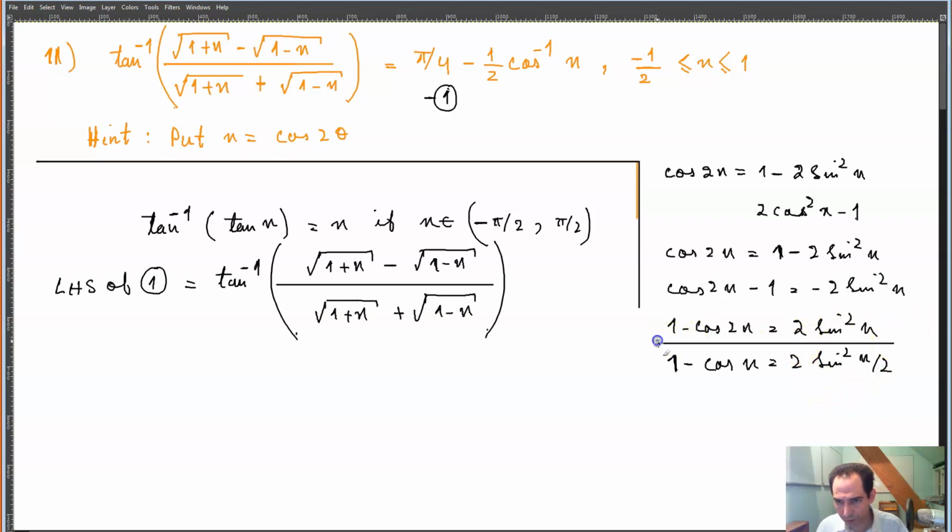And that is one formula that we can use here.